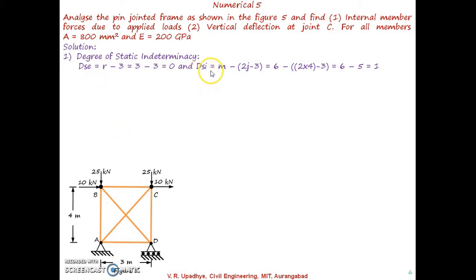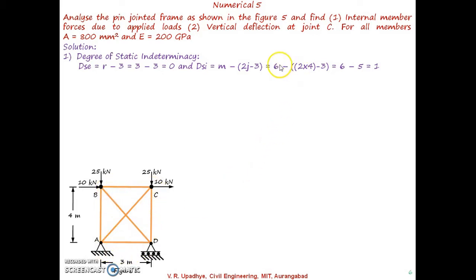However, if we go through internal static indeterminacy, it is related to the number of members and number of joints, and the equation that we have discussed earlier, that is DSI is equal to m minus 2j minus 3. If you go through this particular structure, the total number of members is 6 and the number of joints is 4.